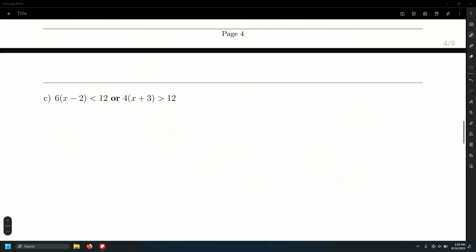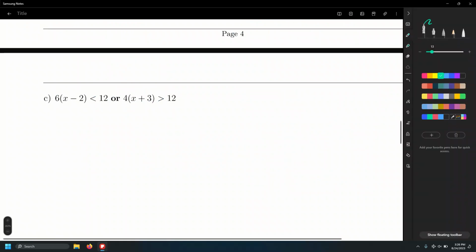This example, letter C, is going to be a little bit more involved in terms of the algebra we need to do. We need to use the distributive property for multiplication. So distribute the 6 over the two terms inside of the parentheses. That's going to give us 6x minus 12 less than 12. Now keep solving the inequality.